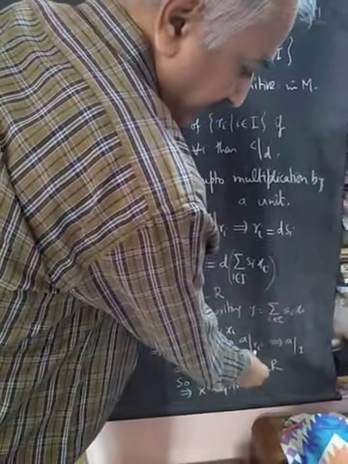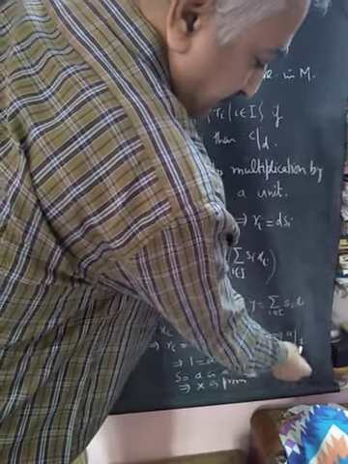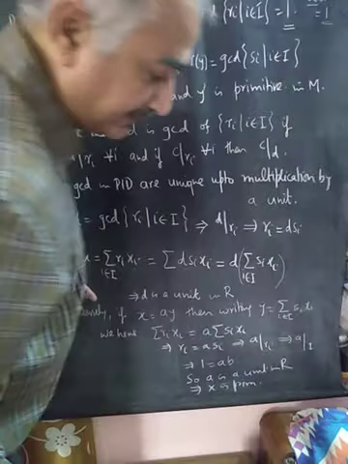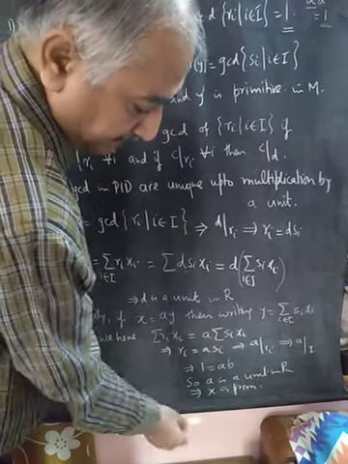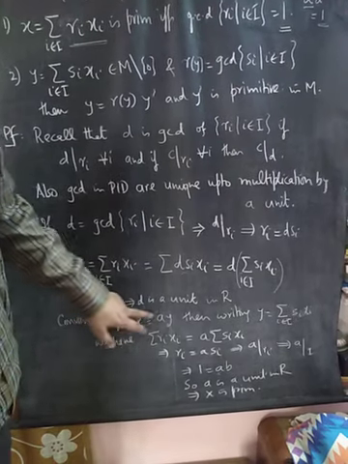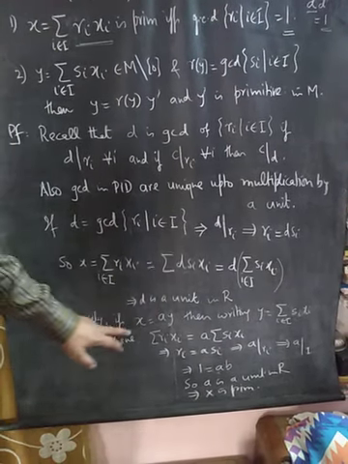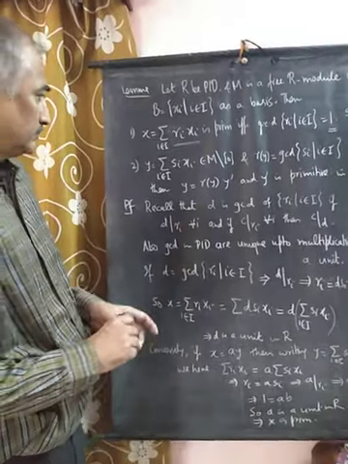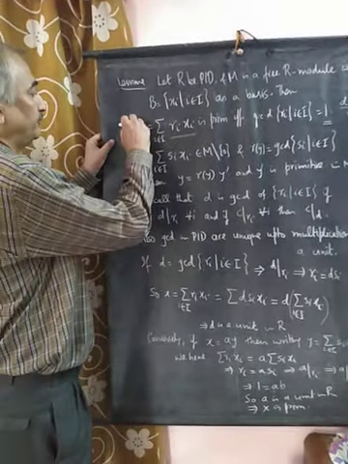If a divides r_i, then a will also divide its GCD, which is 1. So a divides 1, and this will mean that there exists an element b such that 1 equals ab. So this a becomes a unit in R. So if x is equal to ay, then a is a unit, and so x is a primitive element. This completes the proof of the first part.